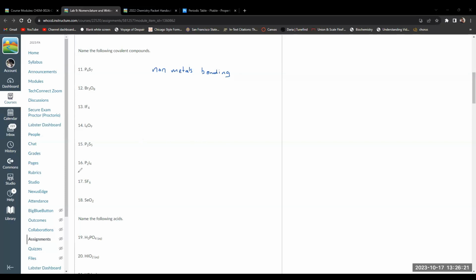So if we look at our problems here to the left, we notice that no metals are present. A rule that carries over from ionic bonds is that we are still ending in IDE. However, we're now introducing prefixes.